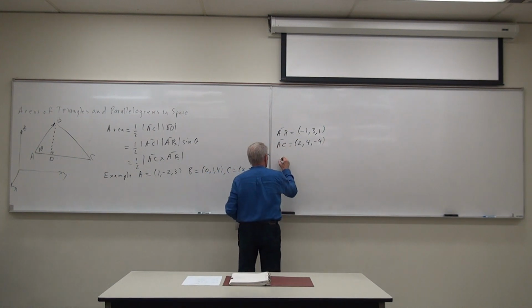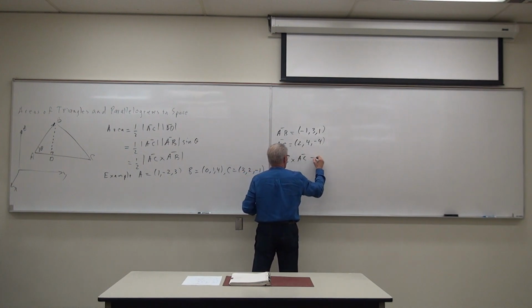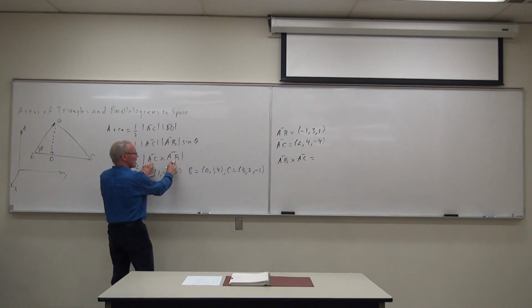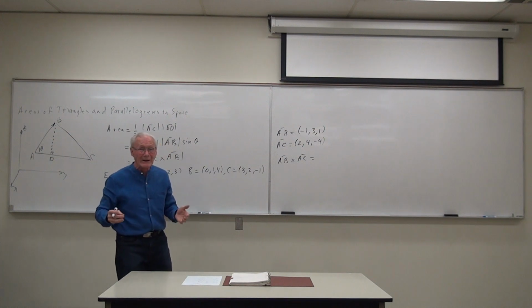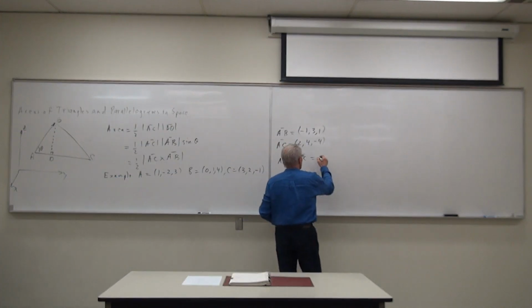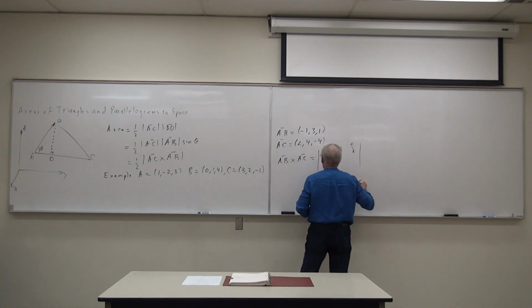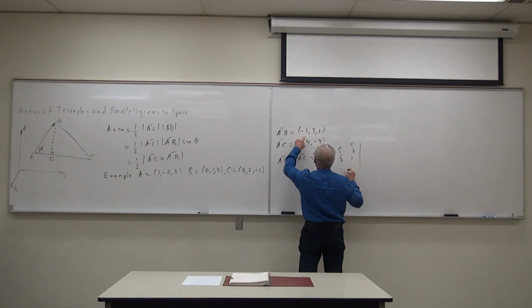Let's now cross them. AB cross AC. You'll notice that I wrote this direction. It doesn't matter whether you write this direction, it's the opposite direction to here. That doesn't matter because we're going to take the length of the vector anyway. I, J, K. AB, -1, 3, 1.